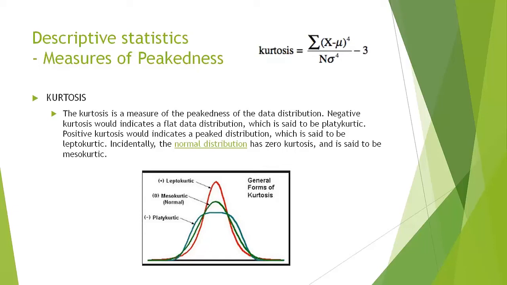If you measure a kurtosis and its value has a plus sign, then you say it's a positive kurtosis, which means it is leptokurtic. If you have a kurtosis with a negative sign, it means platykurtic, or you can also say negative kurtosis.